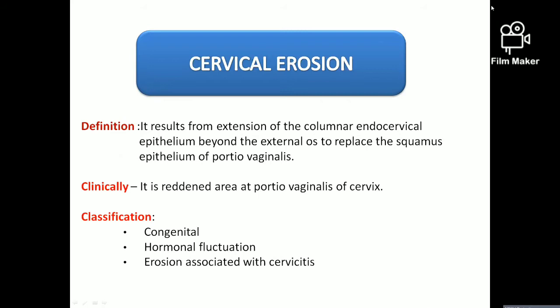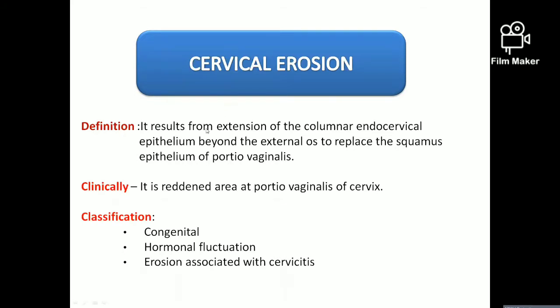What is the definition? What do you mean by cervical erosion? It results from extension of the columnar endocervical epithelium beyond the external os to replace the squamous epithelium of portio vaginalis. You must be remembering the cervix is divided into two parts, the supravaginal portion and the vaginal portion.